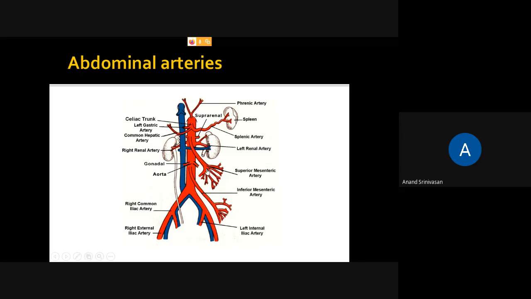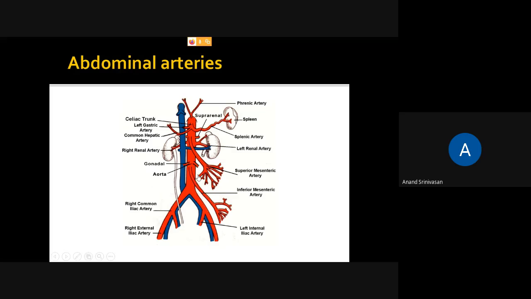So the abdominal aorta from the anterior aspect gives rise to three arteries: celiac trunk or celiac artery, superior mesenteric artery, inferior mesenteric artery.